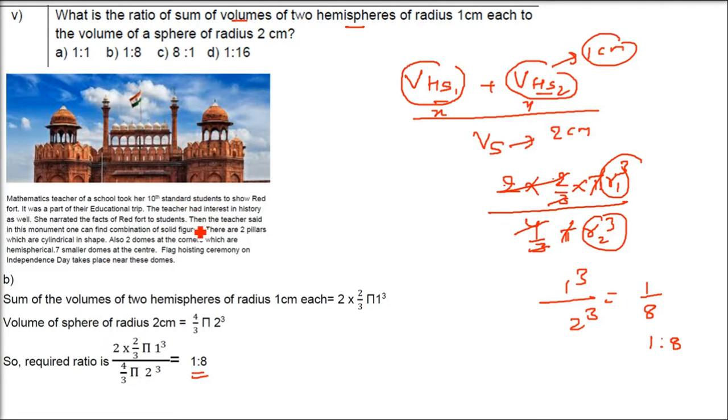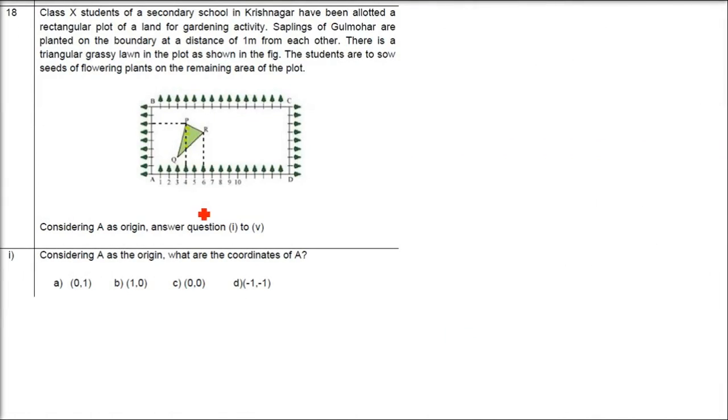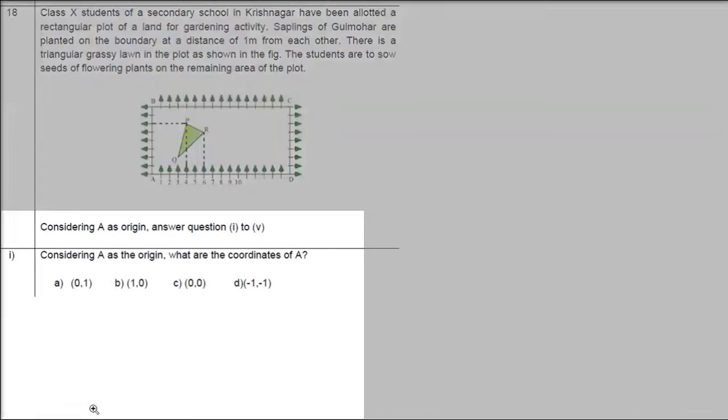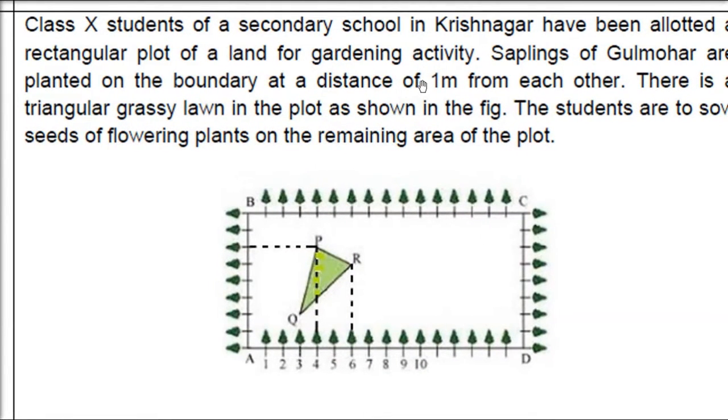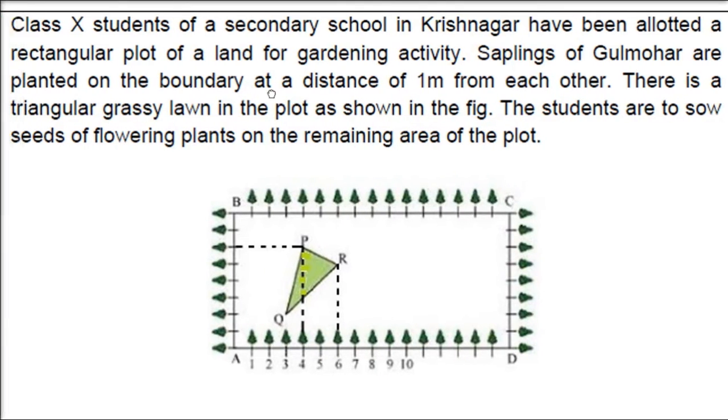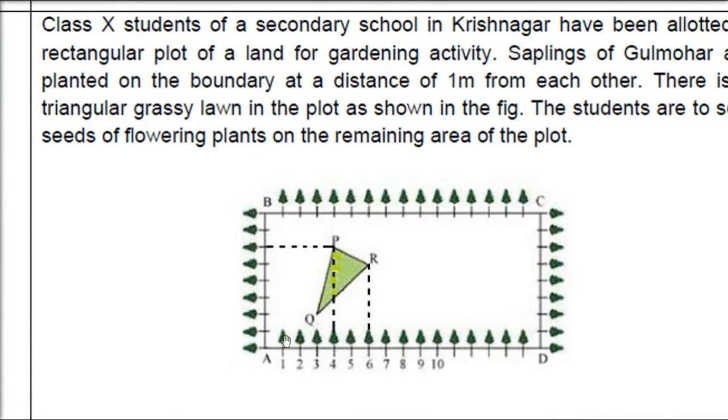This, if you don't want to do, you don't do it because 4 has already been done. But it's always good to know everything. Class 10 students of a secondary school, because there are 4 questions going to come. And this is basically a coordinate based question. Class 10 students of a secondary school in Krishnanagar have been allotted a rectangular plot for gardening activity.